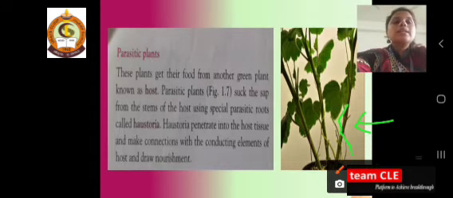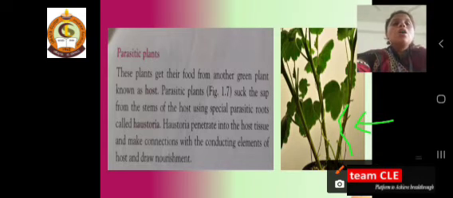This is the parasitic plant. You can take examples like the tendril of bitter gourd, pumpkin as well as peas. These are the plants that get their food from another green plant.